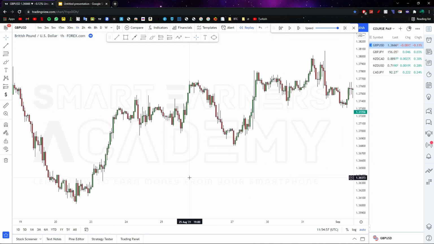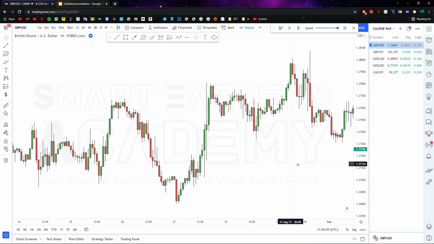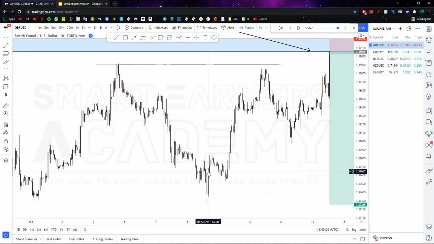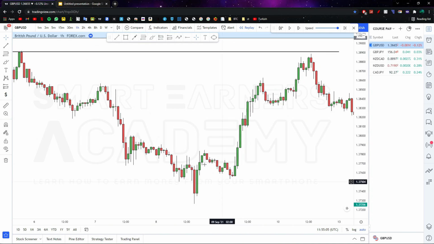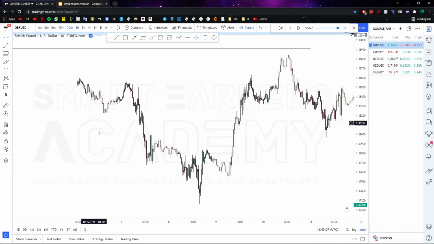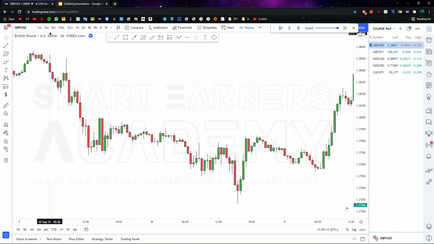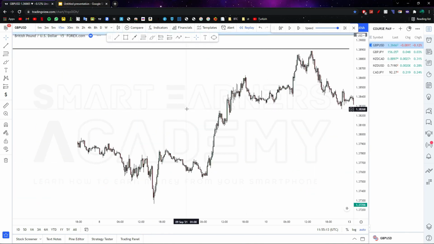So let's look for another order block where we could potentially put a take profit in. Okay, so there is maybe an order block over there that needs to be refined. So let's just take a look at what we've got here. Yep, it looks like there is something there.